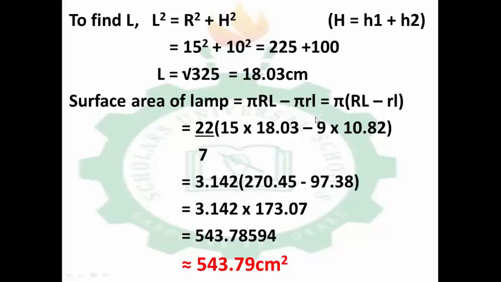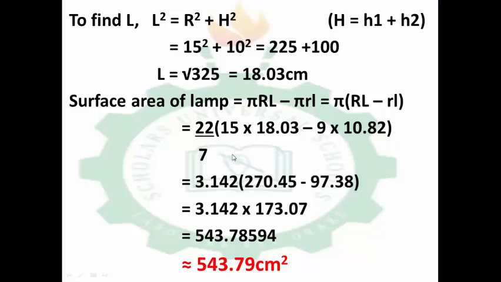And when you do this, you are going to have 3.142, or 22 over 7, then 15 times 18.03 will give you 270.45. Then 9 times 10.82 will give you 97.38.